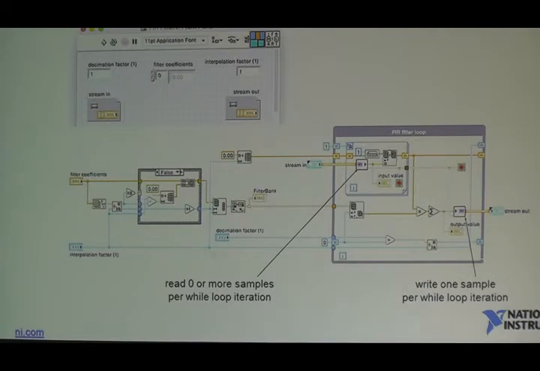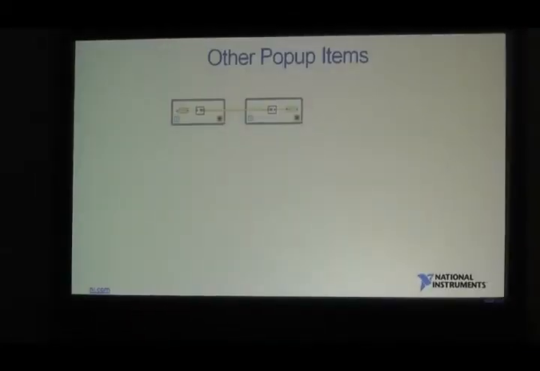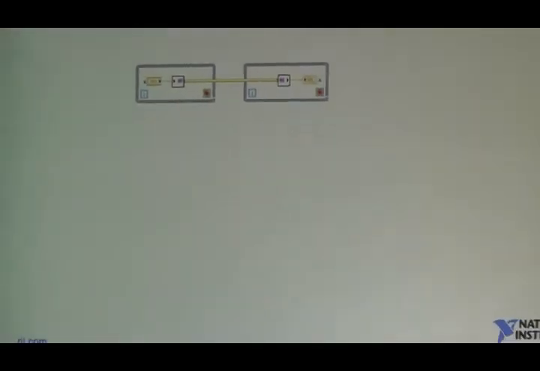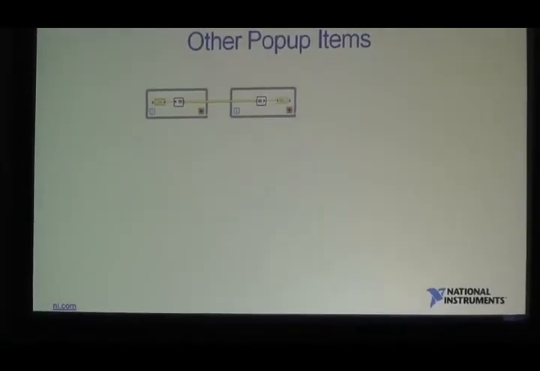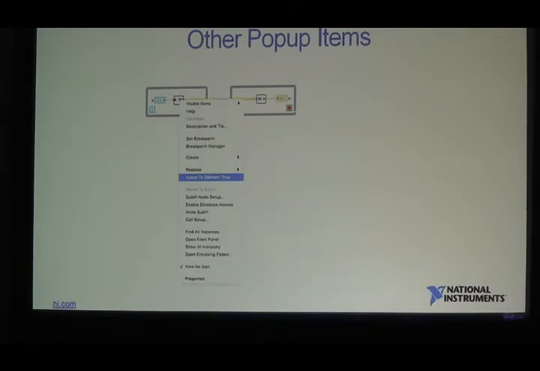Okay, other pop-ups that are available for channels. Now, if you've got a channel that you've created and decide that you want to change the data type, you see the coercion dot, it's going to convert that to double precision and send it over the channel.